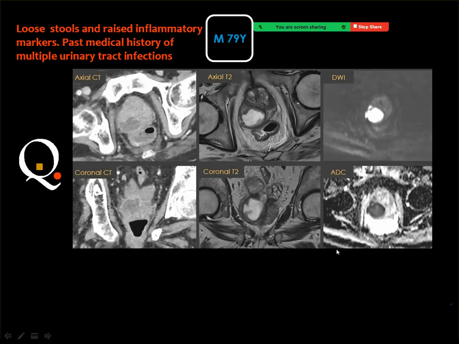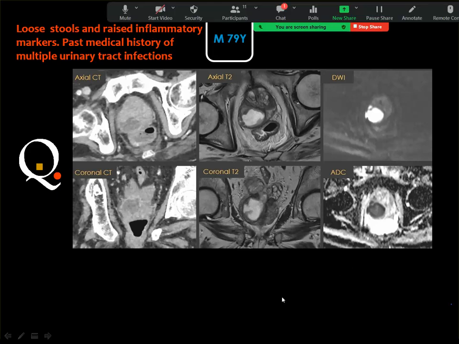Diversion of the urinary pathway may be to the colon. The ureters are implanted to the colon, and this is a direct communication between the urethra and the rectum.